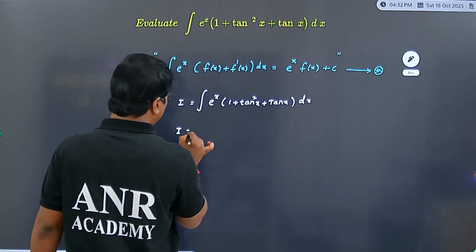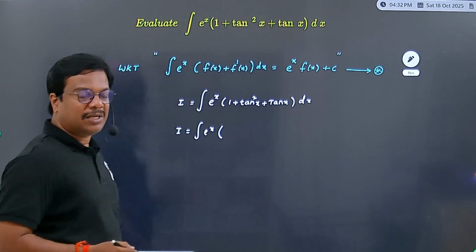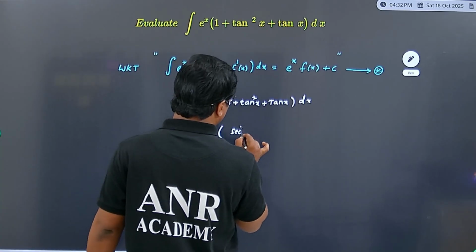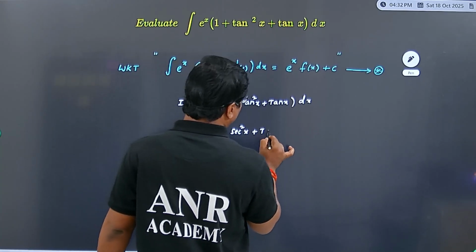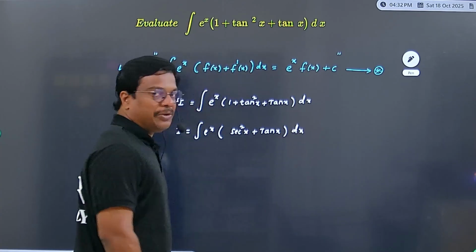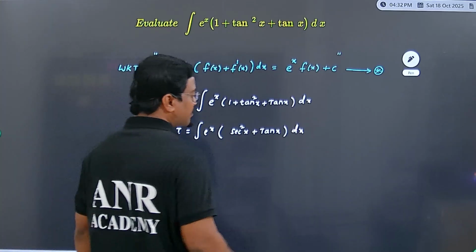You know that 1 plus tan square x is written as secant square x, next plus tan x dx, and you know that tan x derivative is secant square x.